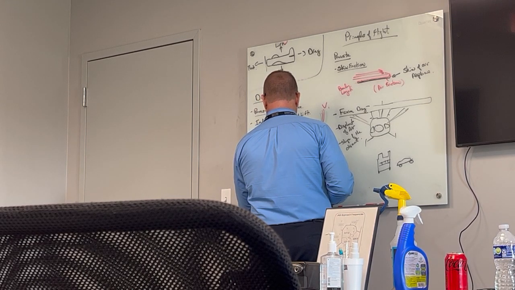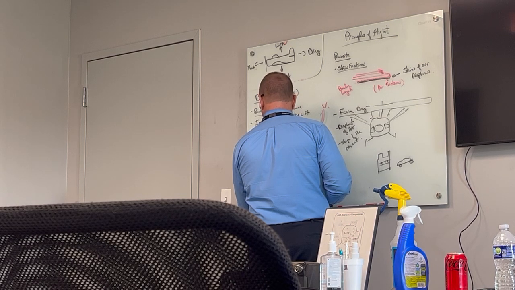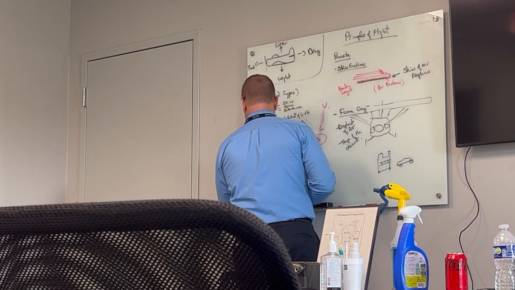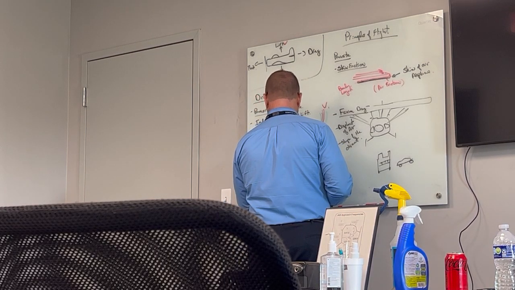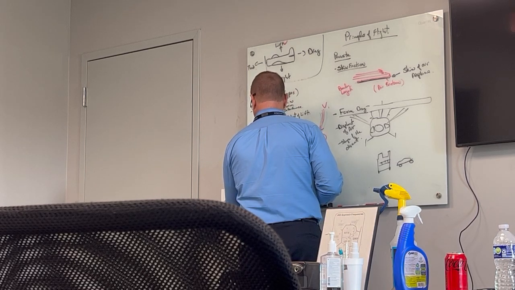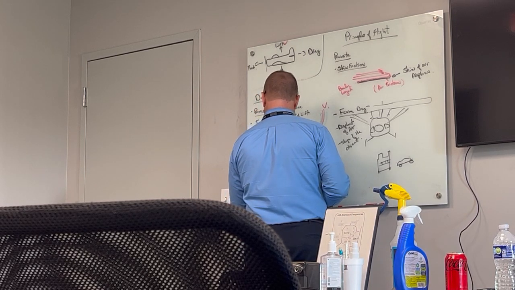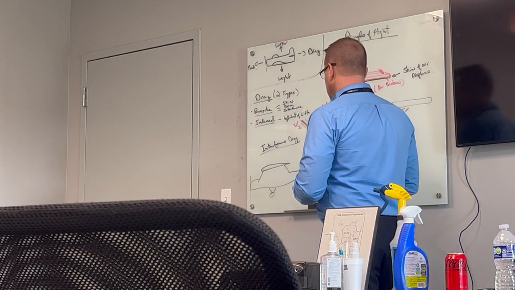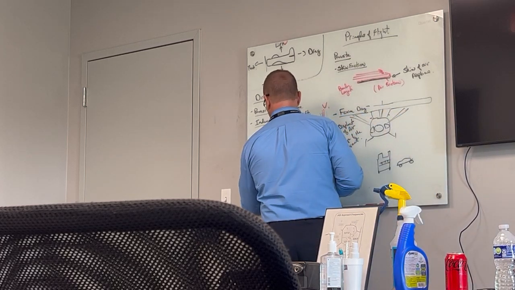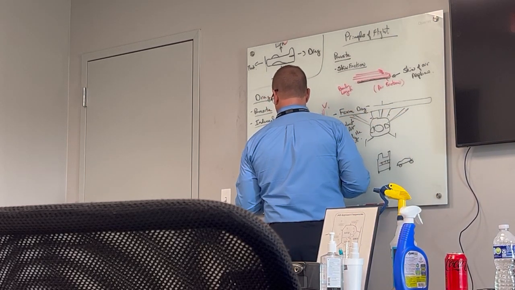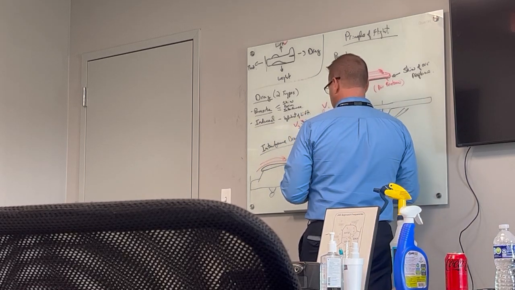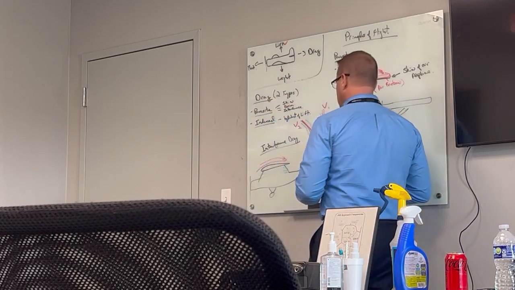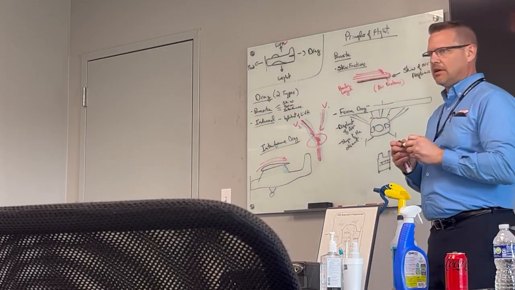I like this one the best for an example. Interference drag occurs when two streams of air operating at different velocities and different directions come together and meet.